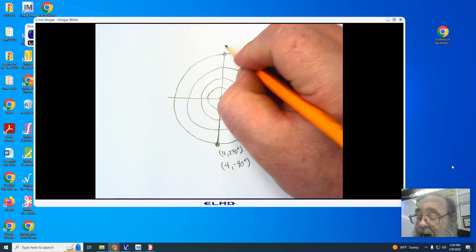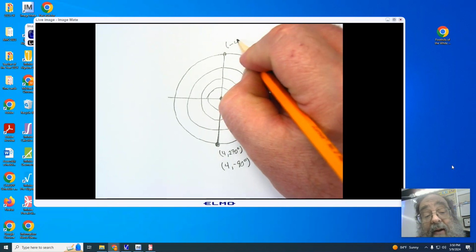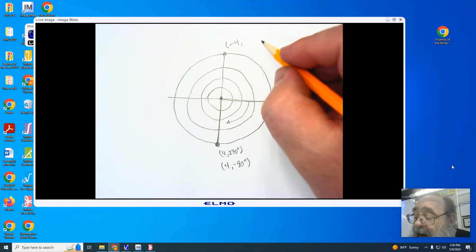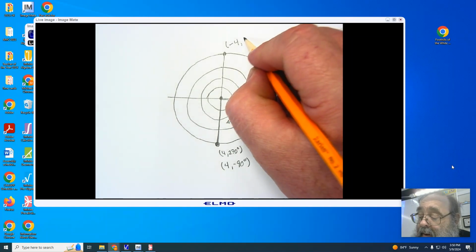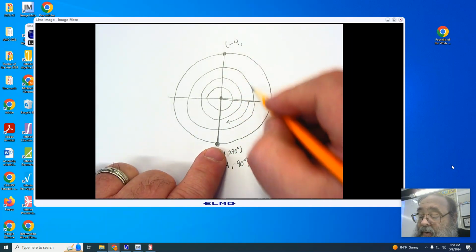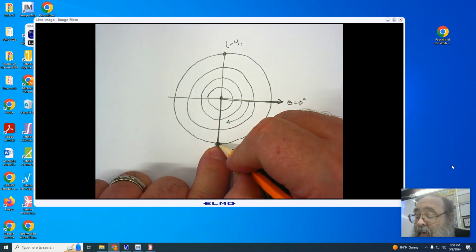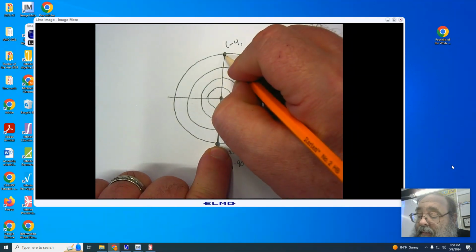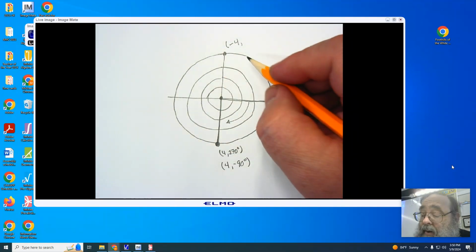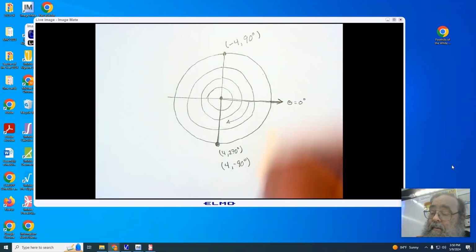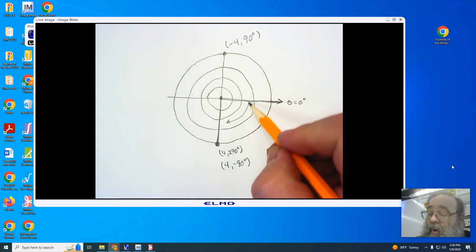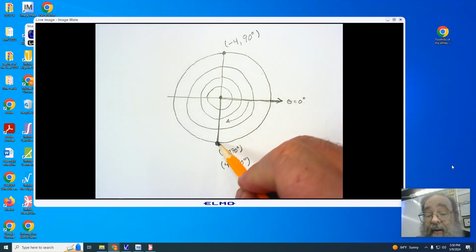So this point is negative 4 at 270 degrees: I'm going through 270 degrees to get to 4, and then reflecting. You'll notice this also has a 90-degree angle, so to get up here, I go 90 degrees and then reflect.